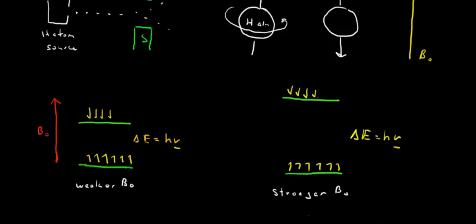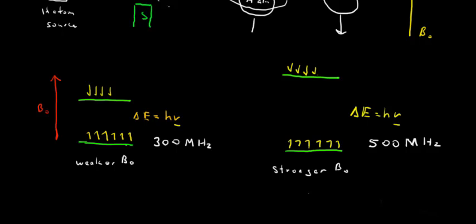So in a weaker field, a common field strength or a common frequency for spectrometers is about 300 megahertz. So this might be a 300 megahertz spectrometer. With a stronger magnetic field, you need a higher frequency. This gap corresponds to a higher frequency, and this might be a 500 megahertz spectrometer.